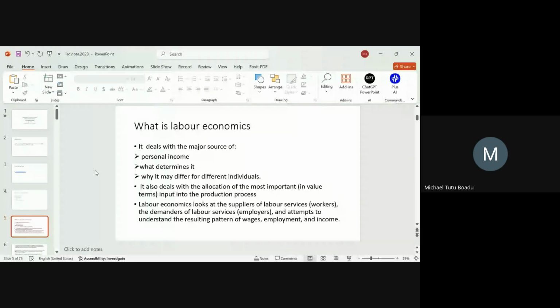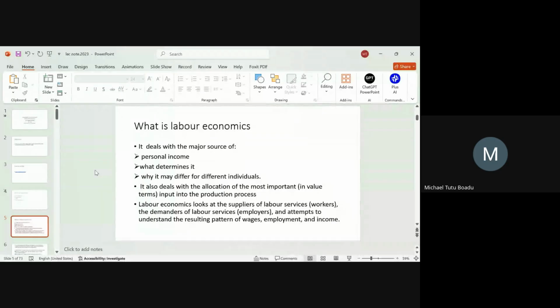So the allocation of important components of your production process, which are the inputs, labor economics also looks at that. So they don't only look at the sources you are getting the money from and what determines the money and why individuals' incomes differ. They also look at how to allocate the important resources of the setting or of the organization.